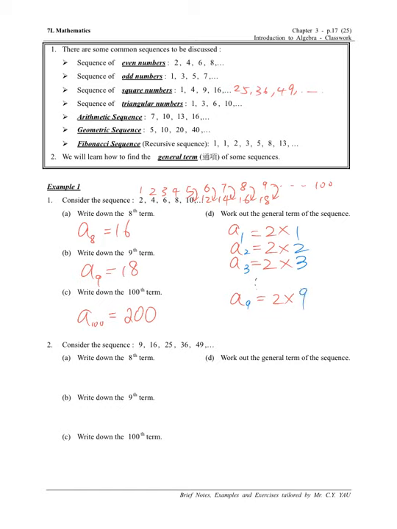Therefore, you realize a pattern that whenever I want to find an arbitrary nth term, for example, 1,600, 700, 7,000, 8,000, it would be obtained by 2 multiplying the number. And you can simplify a little bit because the multiplication sign is actually redundant. You can omit that, and this is the answer.